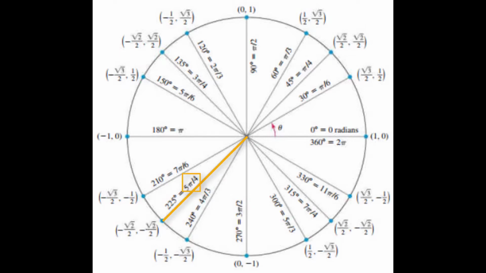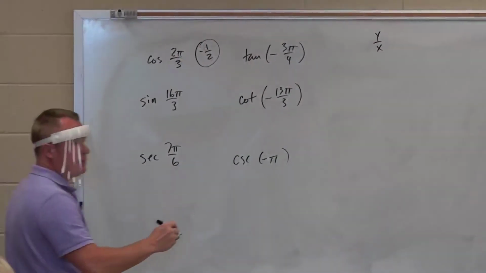Follow that? Now here's my point. Tangent is y over x. Got to remember that. Negative root 2 over 2 divided by negative root 2 over 2. How much is that? 1. So that's equal to 1. Any questions about that?